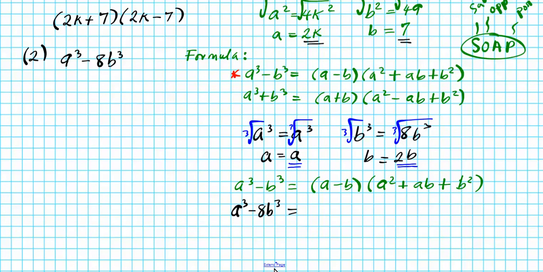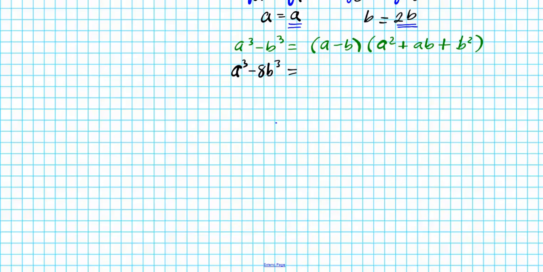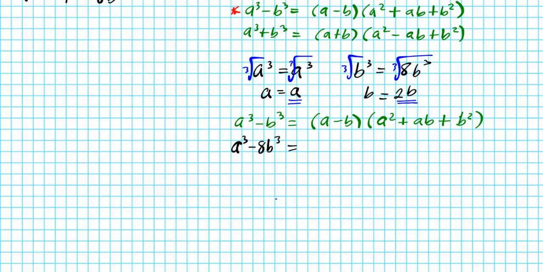Okay, let's put it in. a minus b is going to be a minus 2b, times a squared plus ab, which is just the product of these two, 2ab, plus b squared, you square 2 and get 4, so it's 4b squared. Let me just do this additional step so you see exactly what's going on.